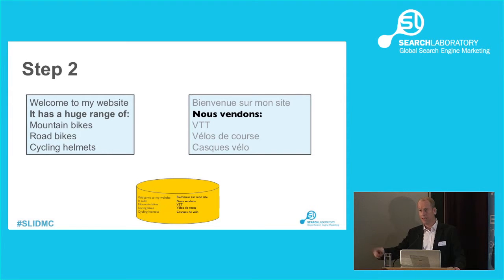And then that change happens again. I need to start this again. I'll go back to the beginning. And then that change happens. It has a huge range of, and of course, we've still got the old "it sells" in the French page. Okay? We send that off to the translation company. The translation company matches it against the memory, and it says, right, of all these English sentences, I've seen most of them before, apart from that one that's new, and it translates them from the memory.